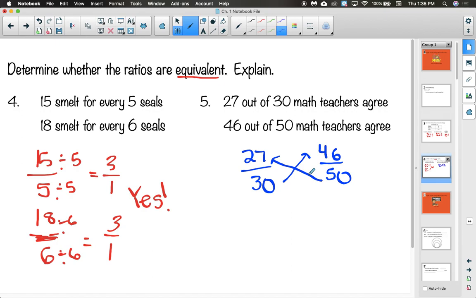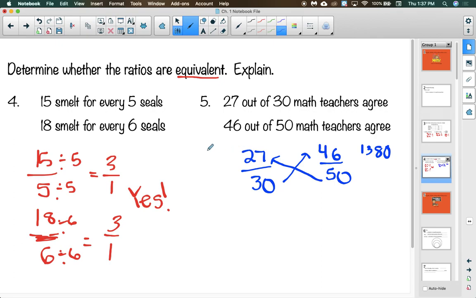So that means I can multiply diagonally to see if those products are the same. So 46 times 30, I am going to do a life hack here and use my calculator. Let's see. 46 times 30 is 1,380. And 50 times 27, I think that's 1,350, but I'll check.